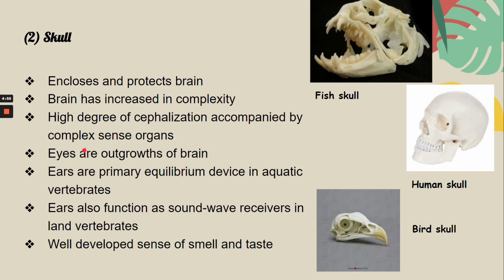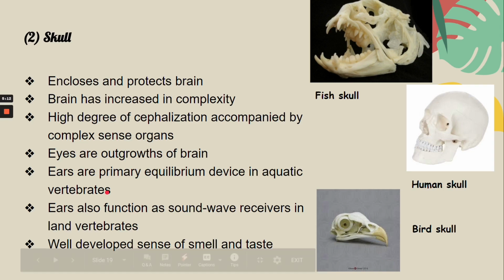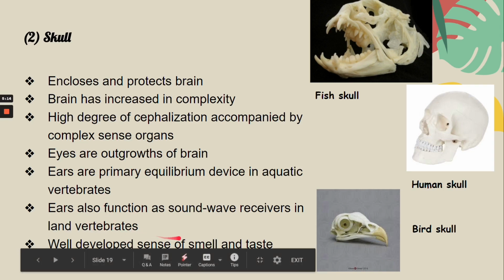While the ears are primarily equilibrium devices in aquatic vertebrates. As we all know, ears are for us to capture sound waves and also to hear. So without that, we most probably wouldn't be able to hear. Right. So we also have a well-developed sense of smell and taste. Right. So now let's move on to the next.